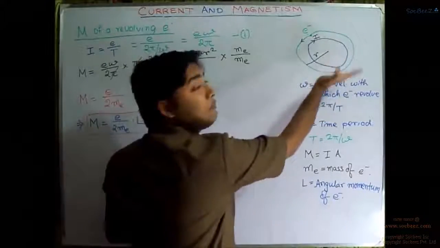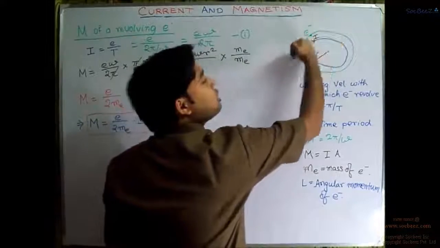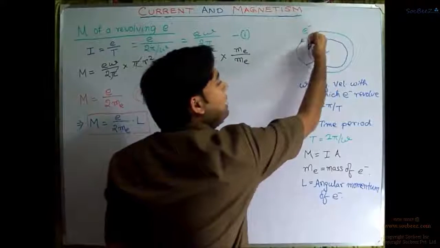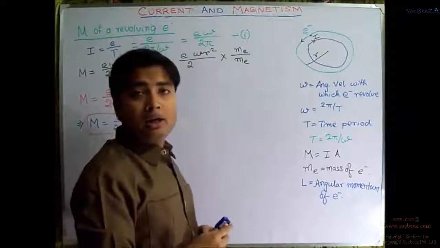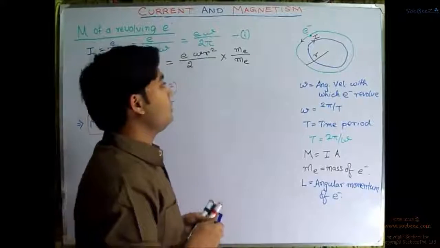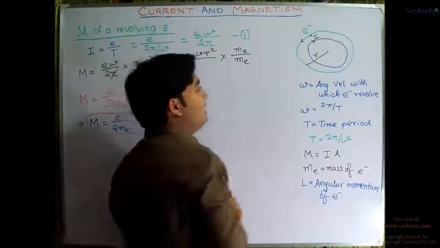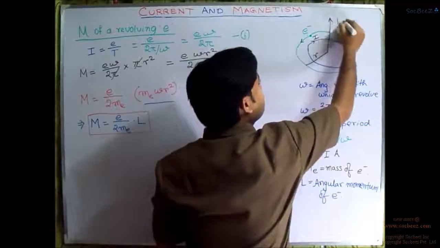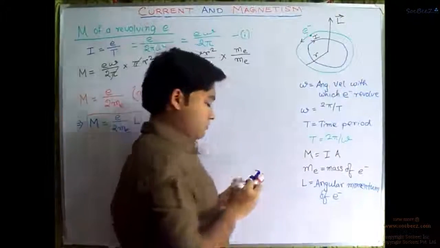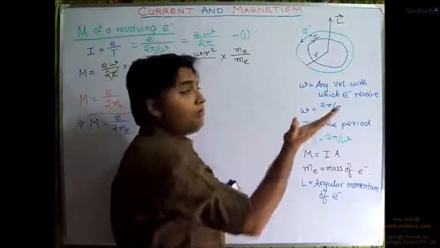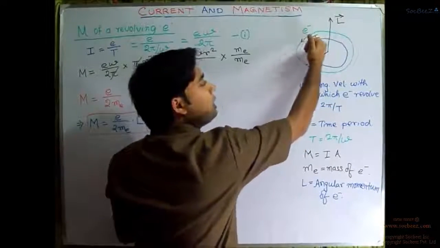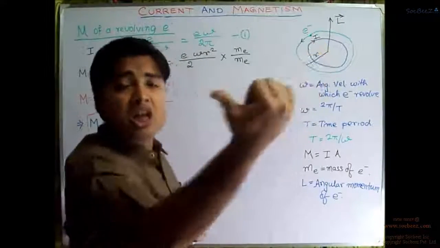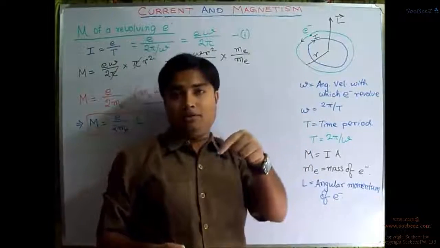Let us keep the fingers curled around the direction of the revolving of the electron, so we can see that the L is in this direction. Because if we curl our fingers along the direction of the movement of the electron, our thumb will show the direction of the angular momentum, which is directed towards the reader.